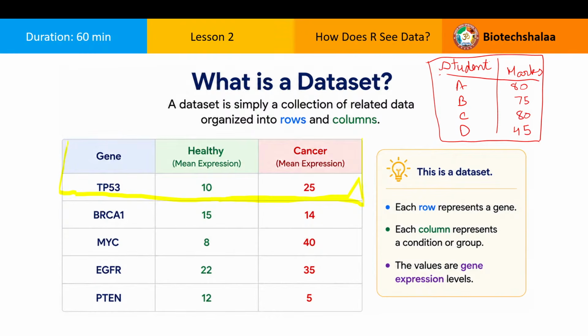What information do you think that the single row is trying to tell us? Let me know, what information do you think it is giving us? Not the whole table, just this first row.